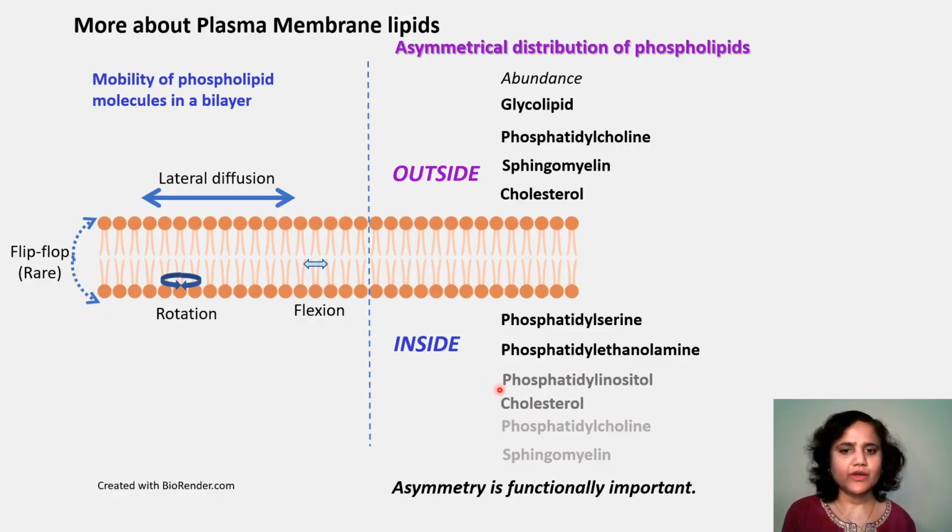Phosphatidylinositol is also present, and smaller amounts of cholesterol, phosphatidylcholine, and sphingomyelin may be present. This asymmetry is functionally important because the cytosolic side of the membrane has certain enzymes which come to this part of the membrane, and they are involved in important signaling events within the cell.